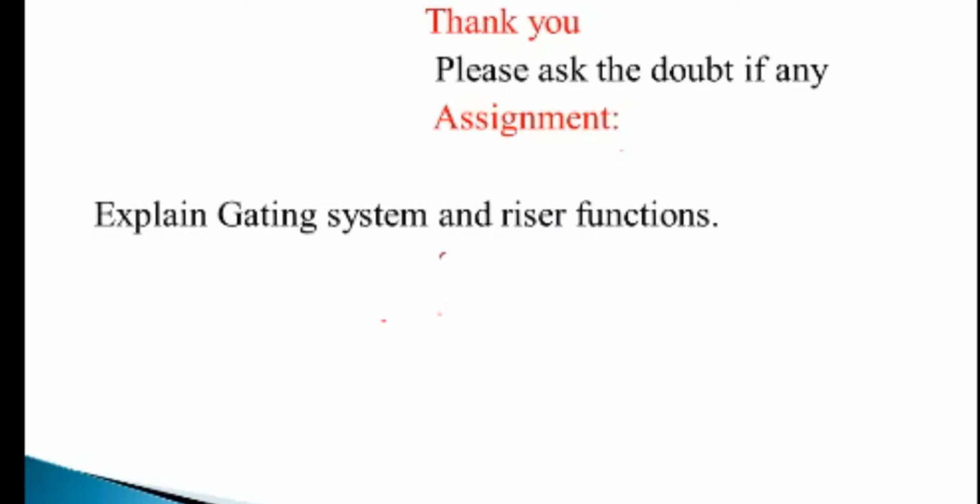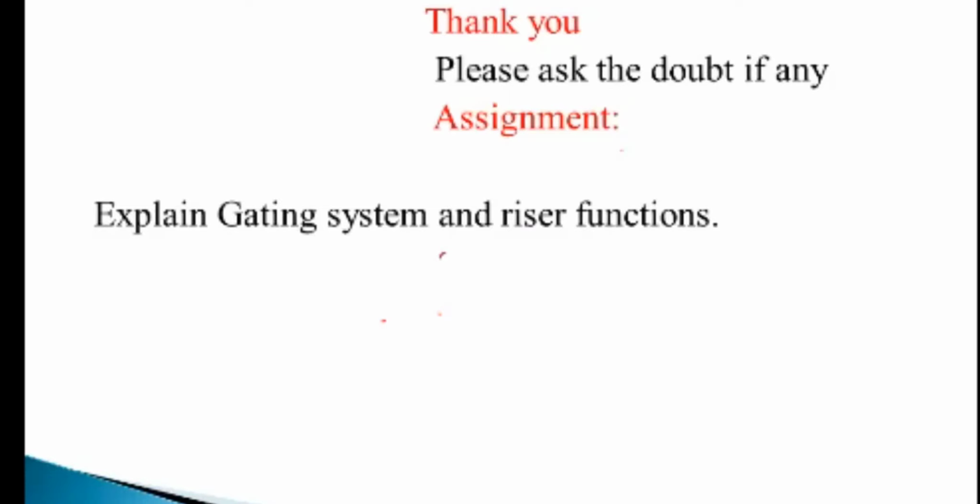So one point is very much clear here. The requirement of design is that the solidification period of the riser should be greater than the solidification period of the casting. Another design consideration is there.